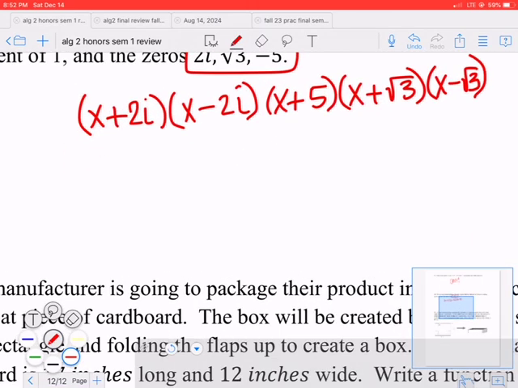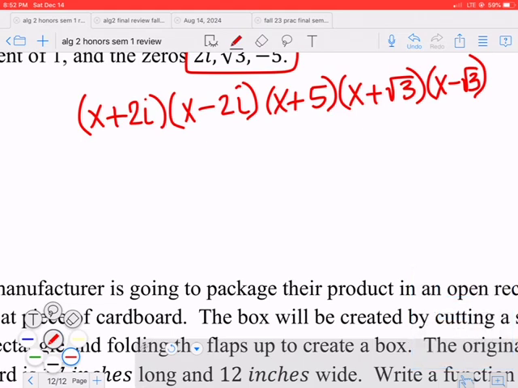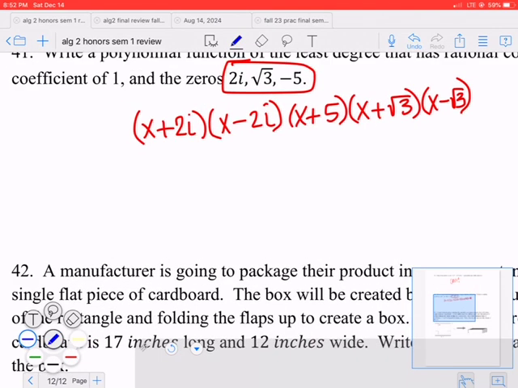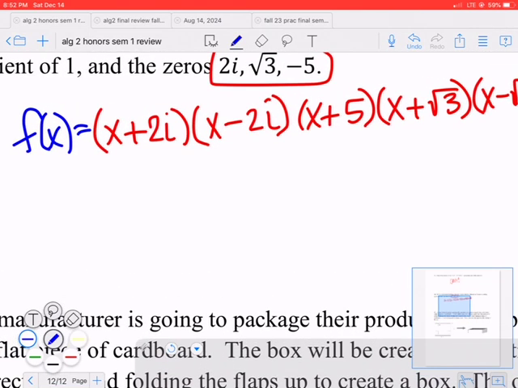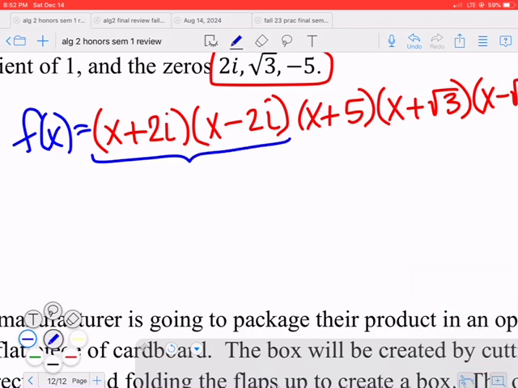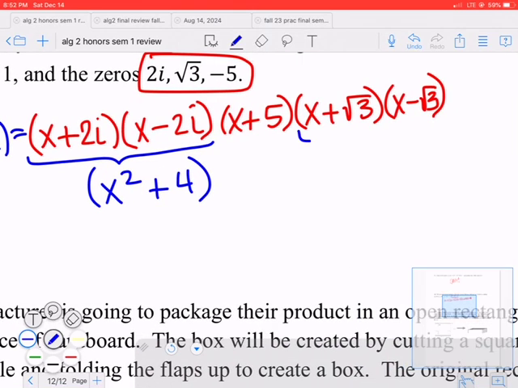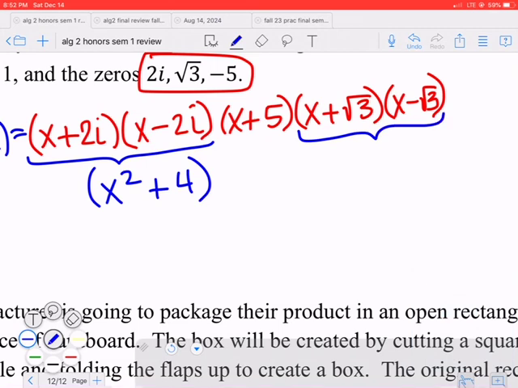Okay, but here's the easy part. First let me say this is all f of x equals, and we have to multiply all this out. These two are x squared plus 4, and these two are x squared minus 3.